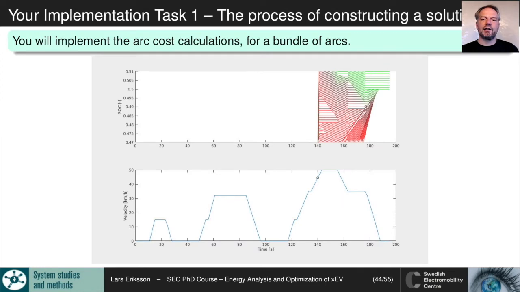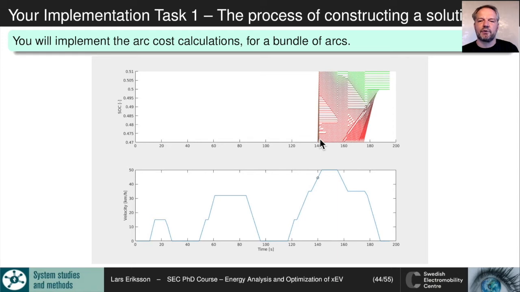First, before coming to the video, we will look at the process of constructing a solution. What we have done is we have started here and we have come up to this point. So we are standing now here at 140, and we have calculated everything up to 141.